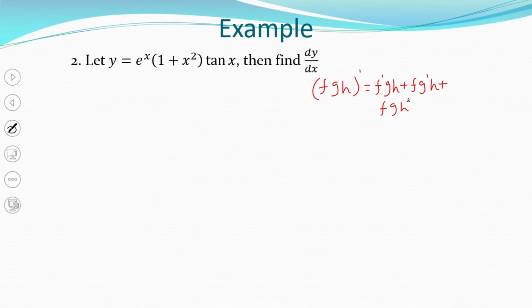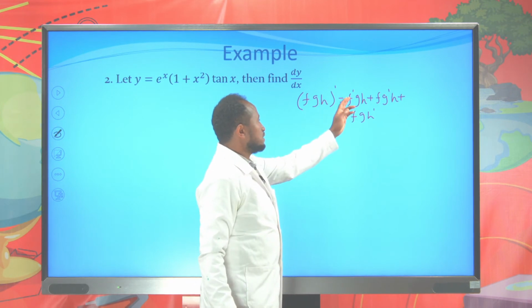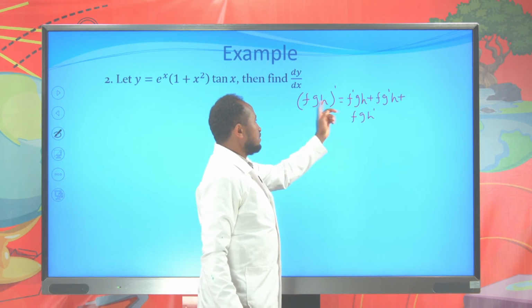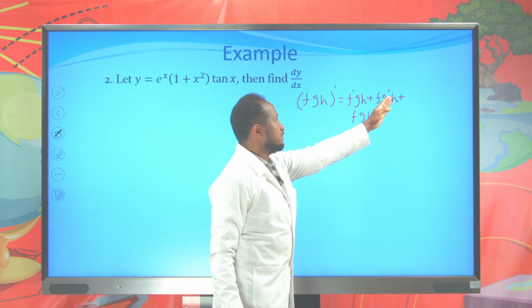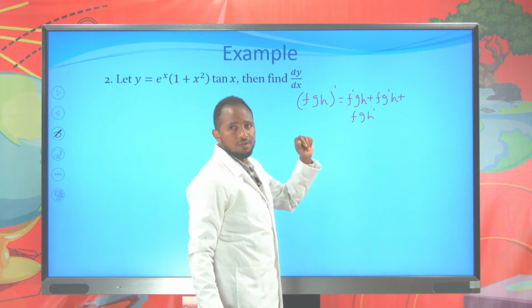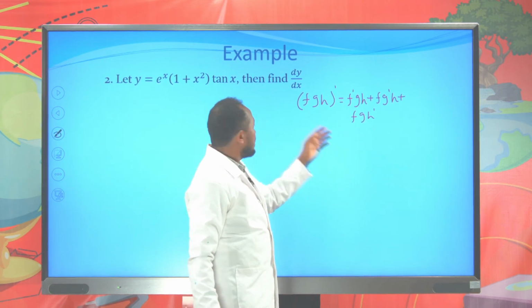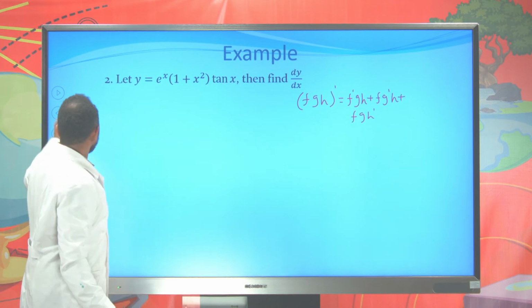So for the product of 3 functions, the product rule is the first function's derivative multiplied by the other two functions g and h, plus f times g derivative times h, plus f times g times h derivative. Applying this formula, we can find the derivative of this expression.